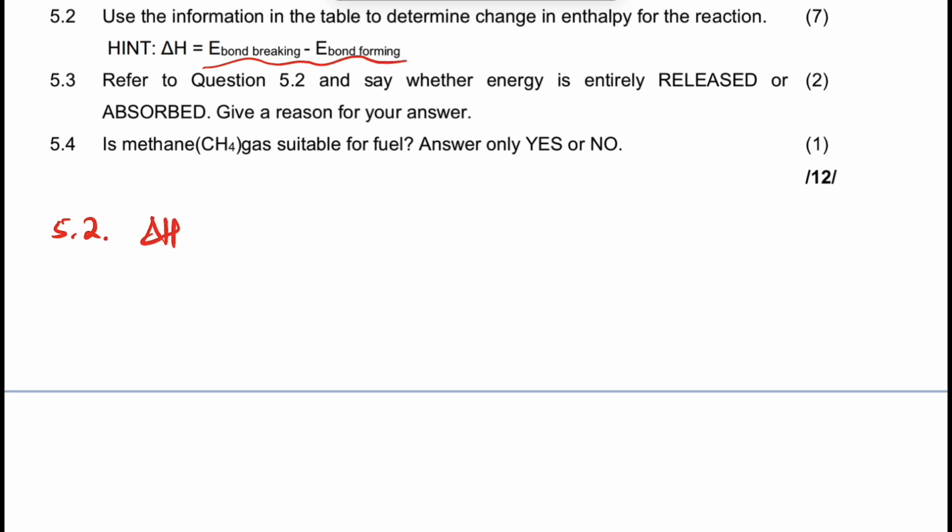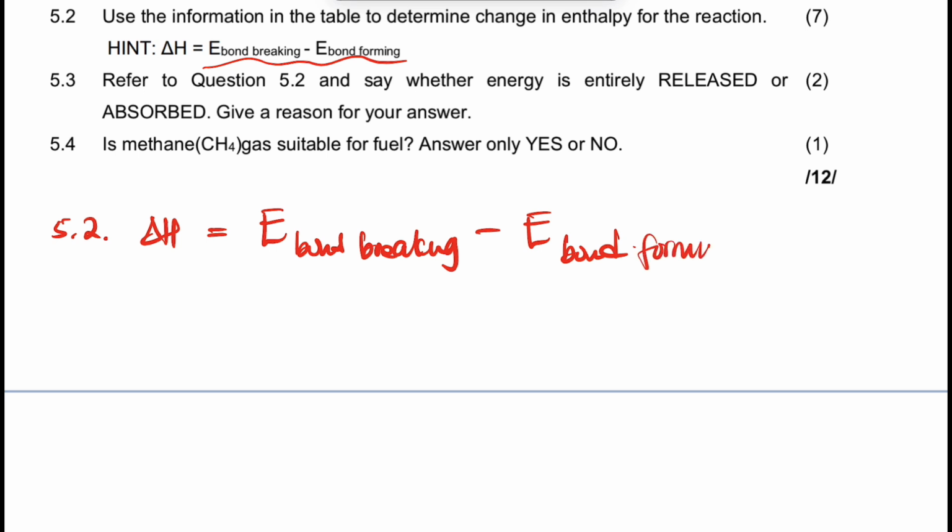We're going to say delta H is equal to the energy of bond breaking minus the energy of bond forming.